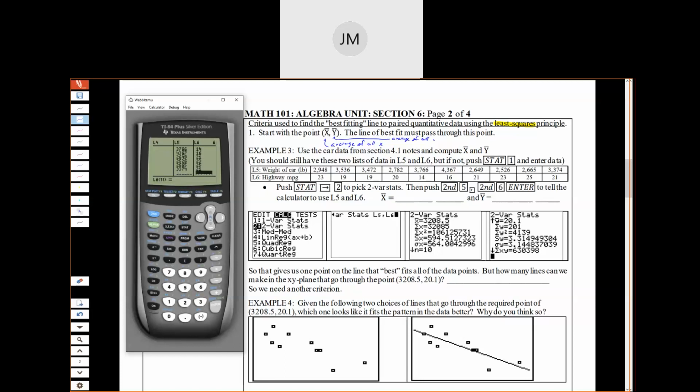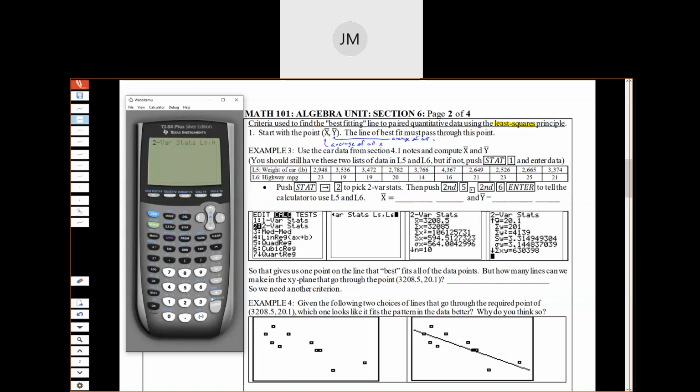Okay, what I can do now is compute things like this average x, y. I can go over to stat and calculate. In statistics, we always had just one variable at a time that we were working with, so I'd use one variable statistics. Here I have an X variable and a Y variable, so I go to two variable stats. Because I put my X list in L5, I need to hit second and 5 to get L5, and my Y list is L6. I don't want a frequency list here.